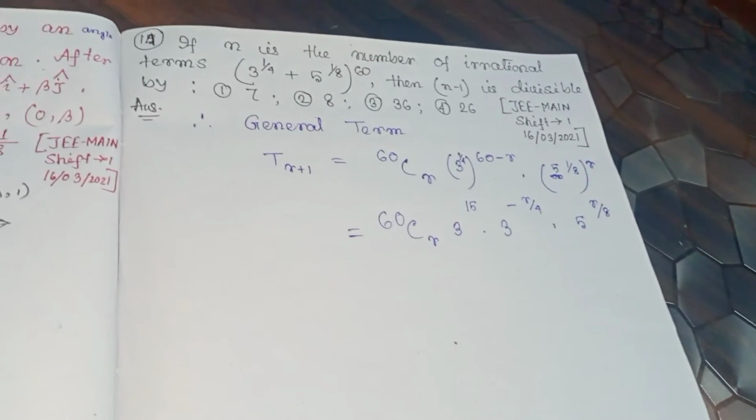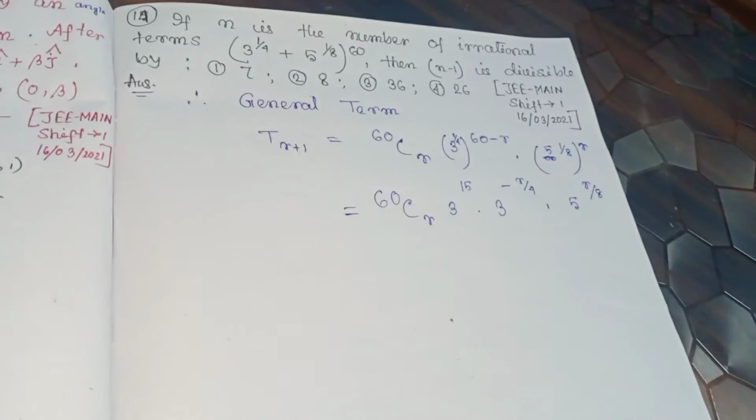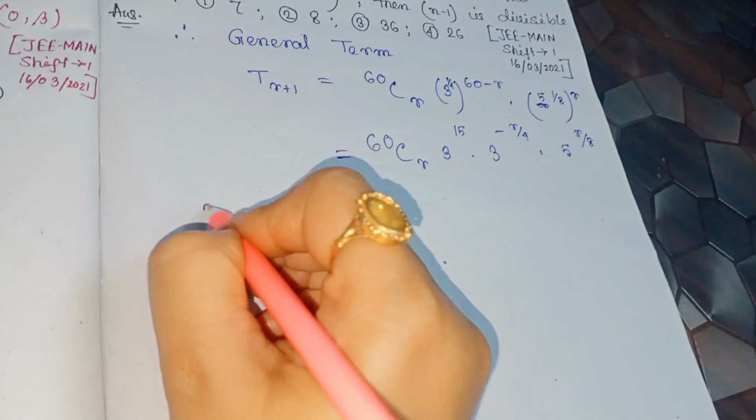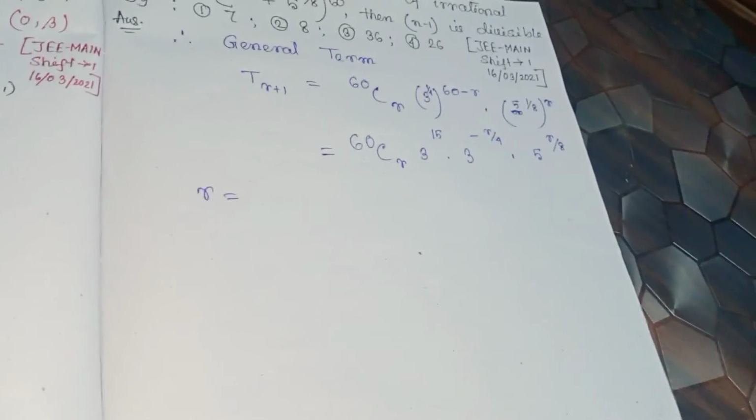Now for the term to be rational, r should be a multiple of 8.